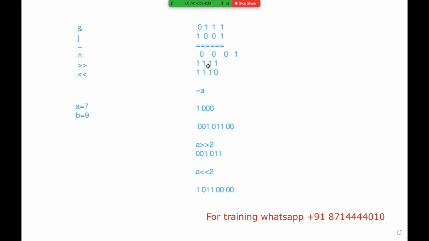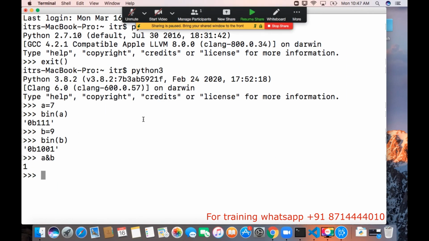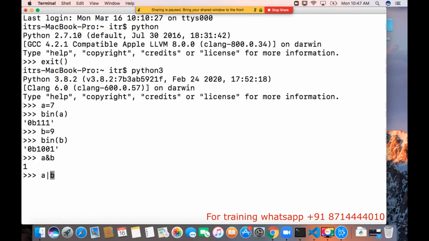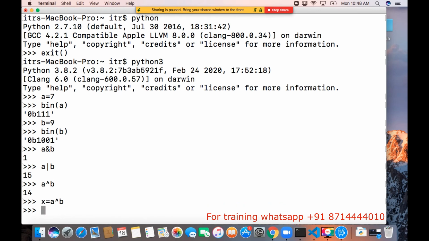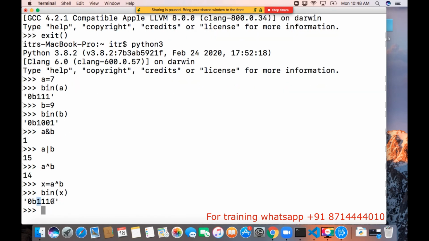So A OR B will be 15, and A XOR B will be 14. If you use bin, maybe like X equal to A XOR B, then bin(X), this is what we got while we did the computation earlier.